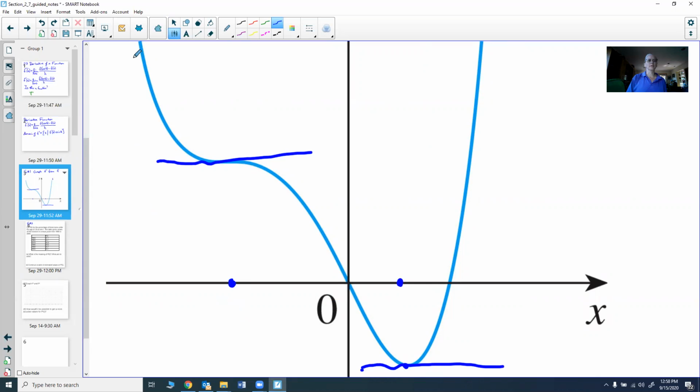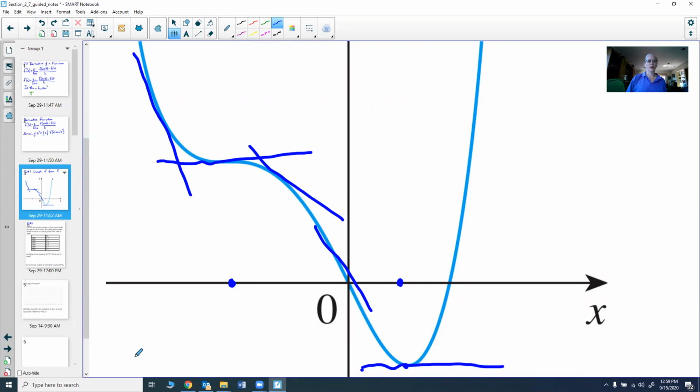Now, over here, if I were to draw tangent lines, one thing I notice is this tangent line slope is negative. This tangent line slope is also negative, but not as negative. This is more negative than this is. This is also negative, but notice this one's more negative than that one.